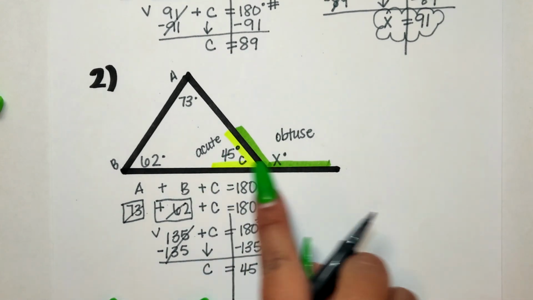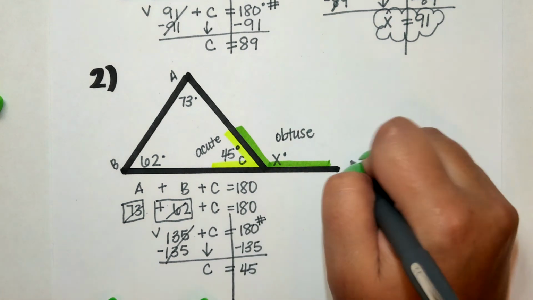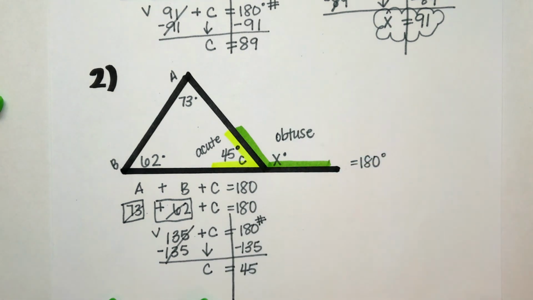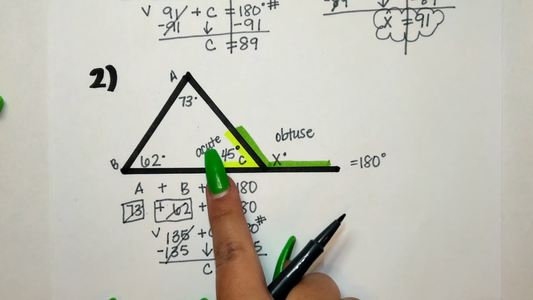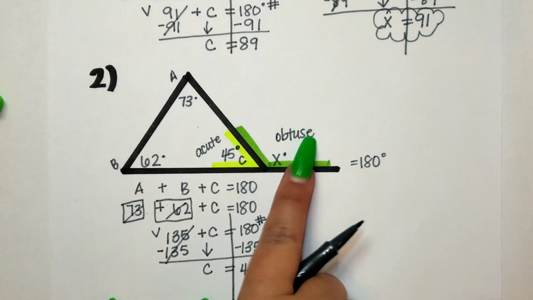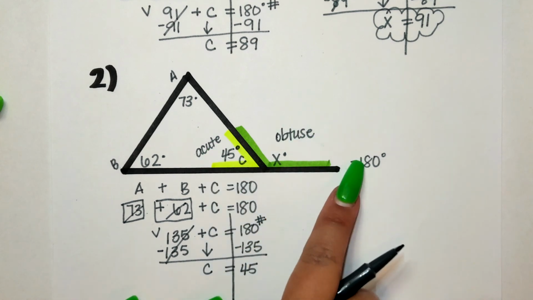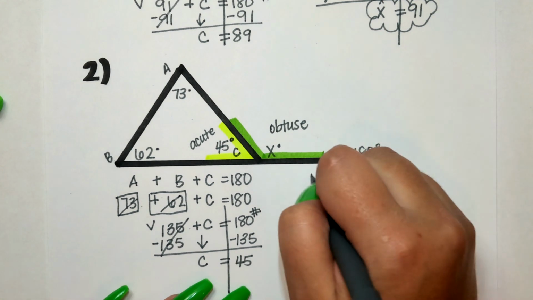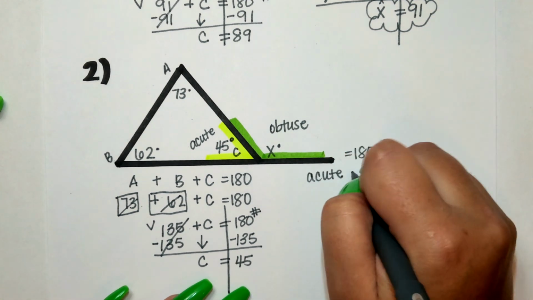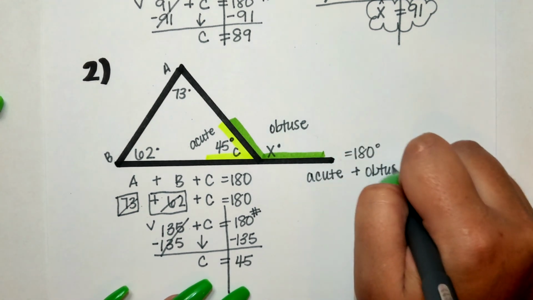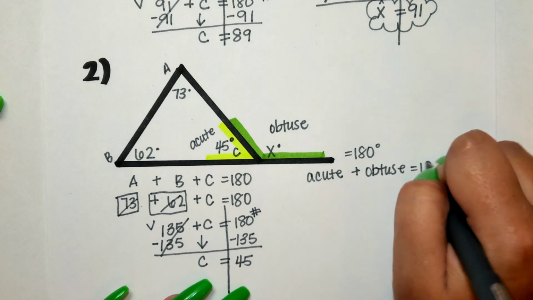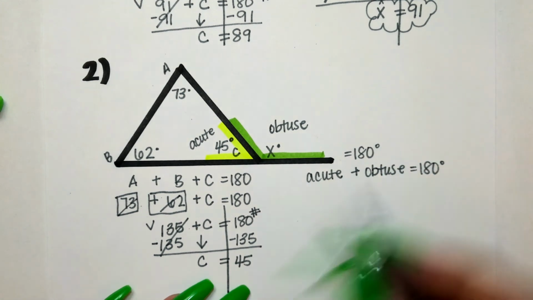Okay, so now I'm going to solve for this obtuse. So I know a straight line is equal to 180 degrees, or I know that an acute angle plus an obtuse angle equals 180 degrees. So I have acute plus obtuse is equal to 180.